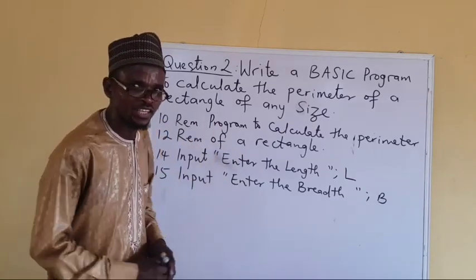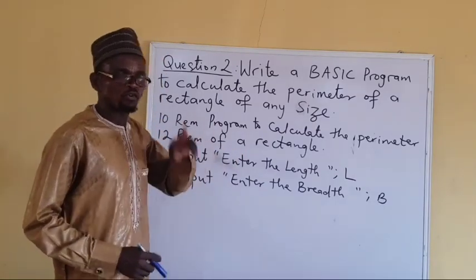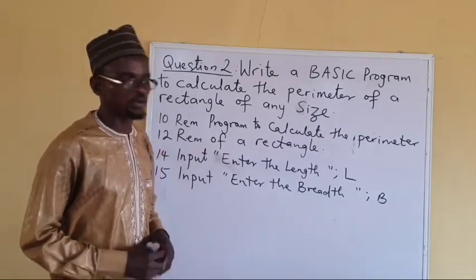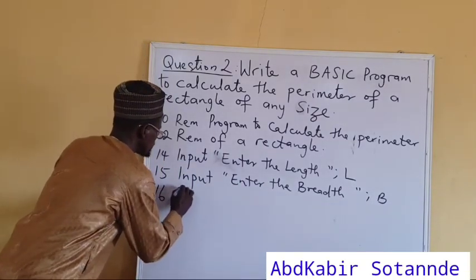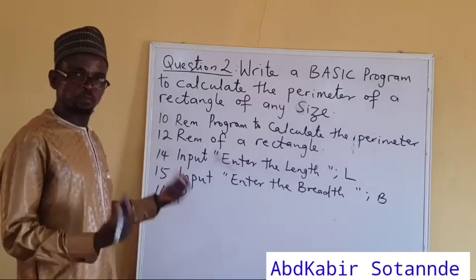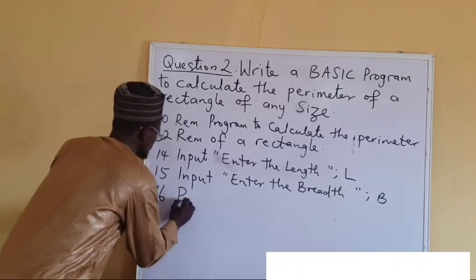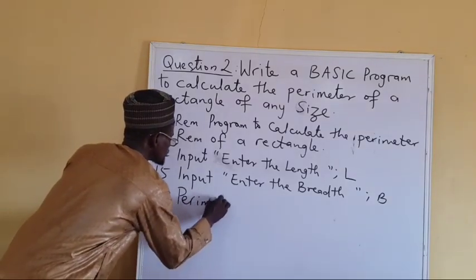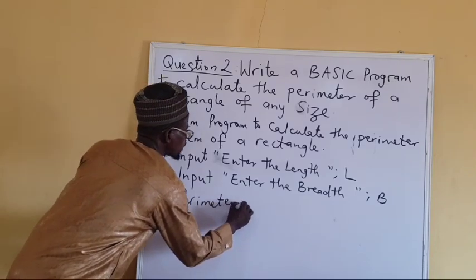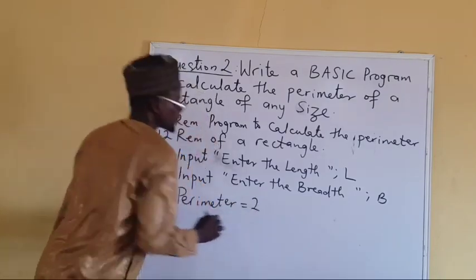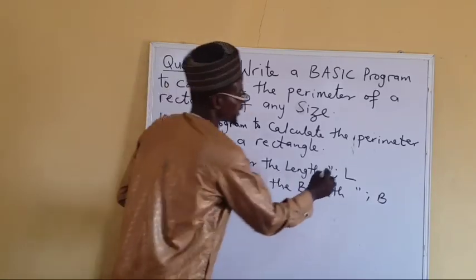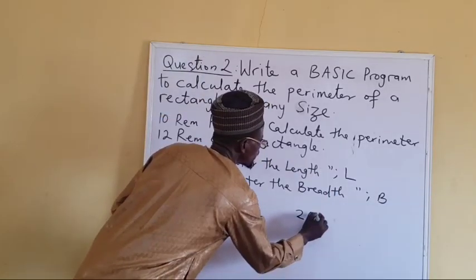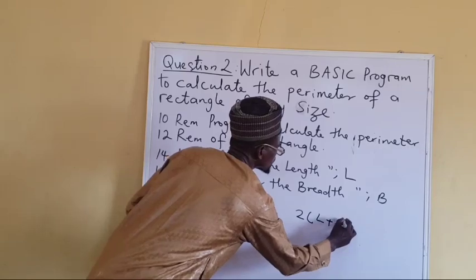So the next thing is to put the formula for the computer to use to calculate the perimeter, which is, we can use P or say perimeter equals 2. Please note this. The formula is this: 2 into (L plus B).